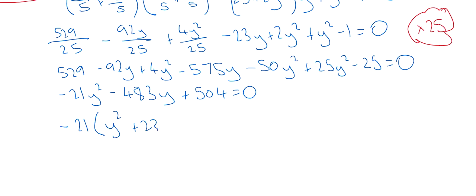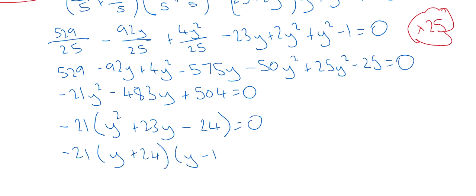Now this is a plus because I took the minus out, remember, which makes this a minus, and that is 24. Now this looks something that's easily factorable. So hopefully you can see what it's going to be. It's y plus 24 and y minus 1, because they're going to multiply to negative 24, but add to positive 23. So that means y is negative 24 and positive 1.